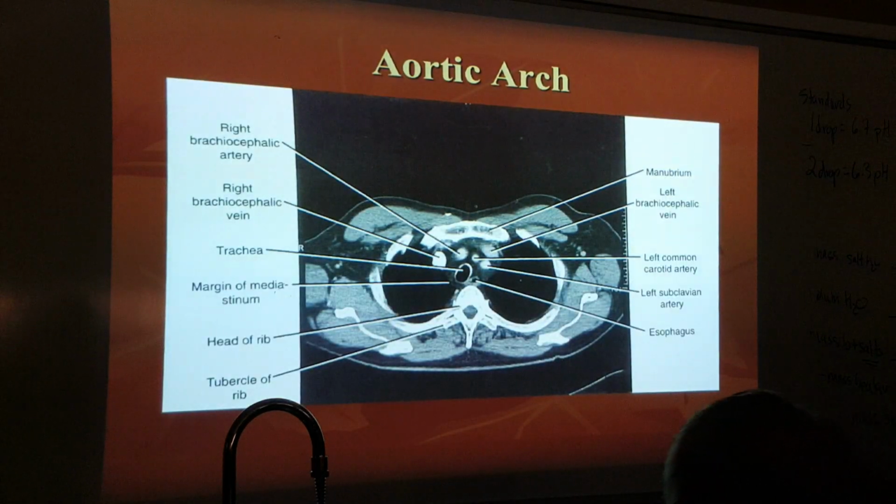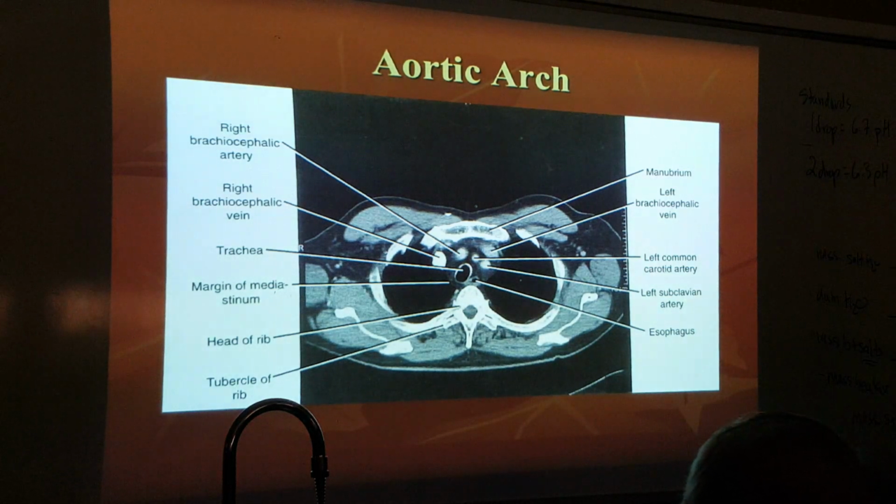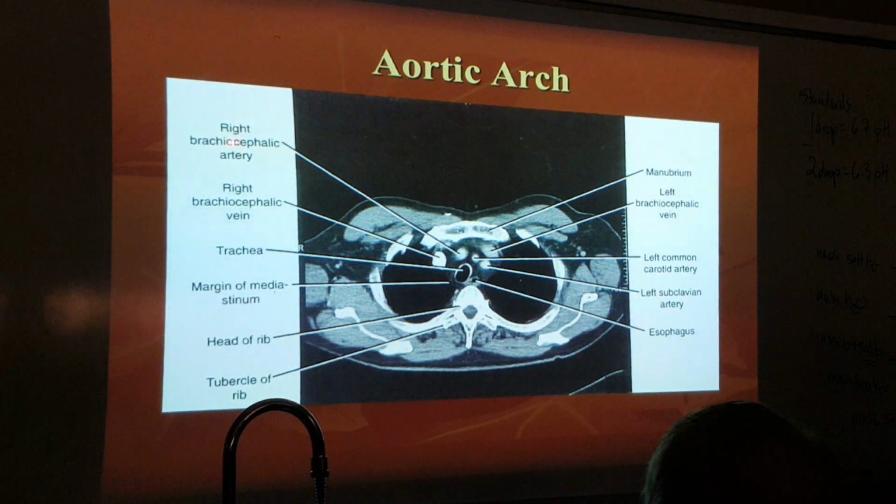Okay. So the aortic arch. This is just above the heart. And you see the three arteries coming off the heart. Whoever named these things is really quite a novice, because you don't use the word right, because there's only one of them. I would call it brachiocephalic trunk, but you certainly don't call it right brachiocephalic artery because there's only one of them.